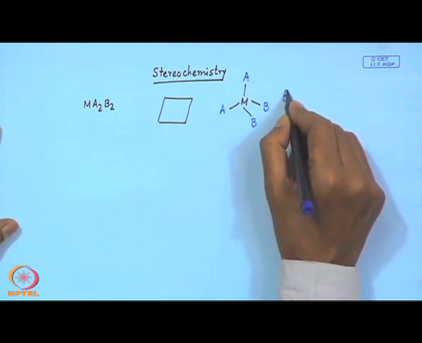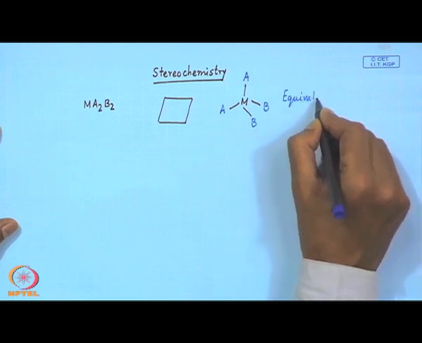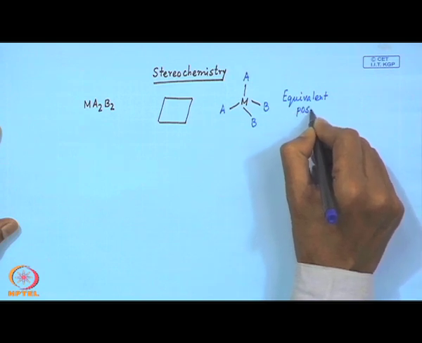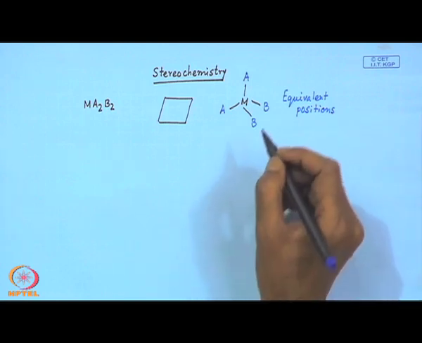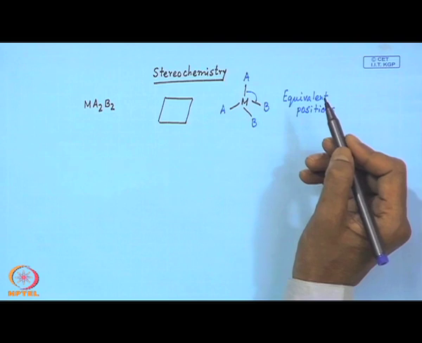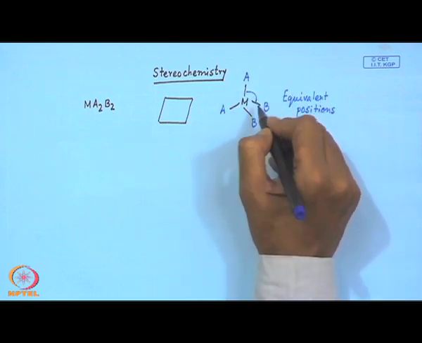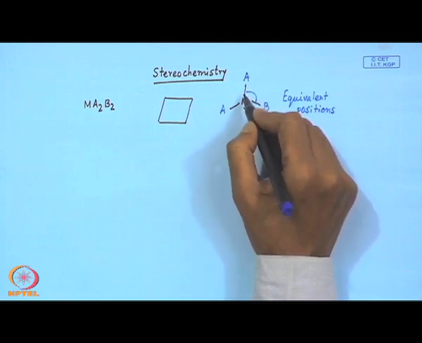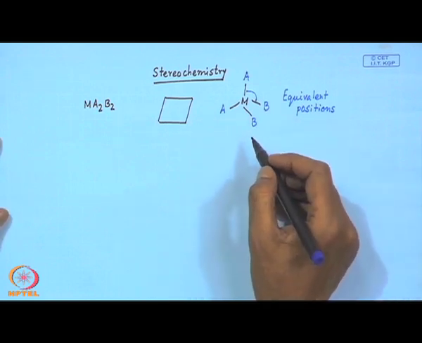So, we cannot get two different types of arrangement, because the ligand-metal-ligand angle is close to the tetrahedral angle, and that tells us all of them are equivalent to each other and we cannot have a different arrangement.